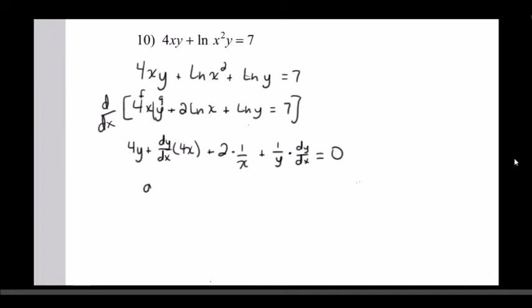So then I'm going to have dy dx times 4x plus 1 over y dy dx equals negative 4y minus 2 over x.